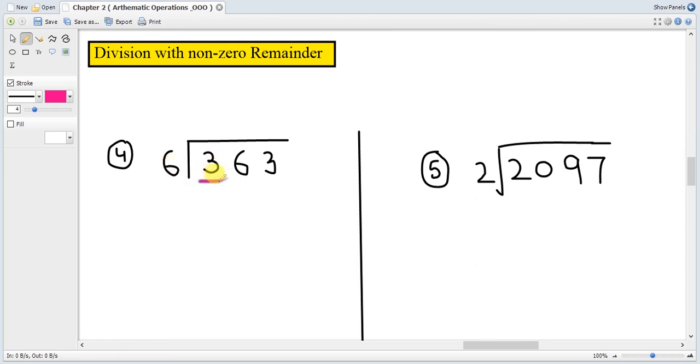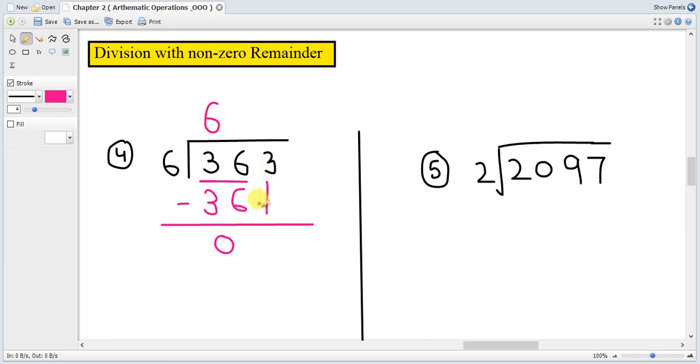So now in this case we are going to take 2 digits. Okay. Now it becomes 36. 36 is bigger than 6. Now we can solve it. So start counting the times table of 6 up till 36 or less than 36. So that will exactly give you 6 times 6 is 36. Now subtract these numbers, we'll get 0.